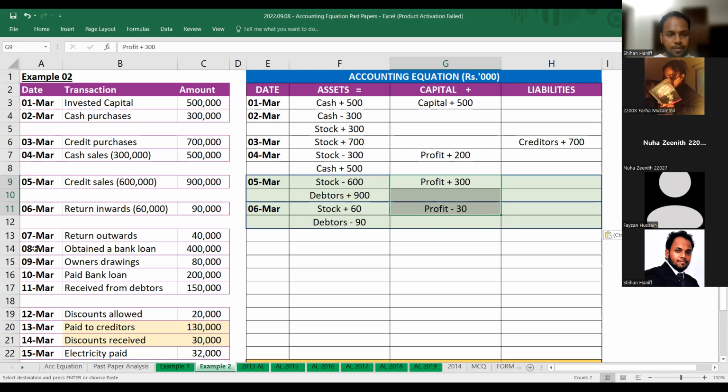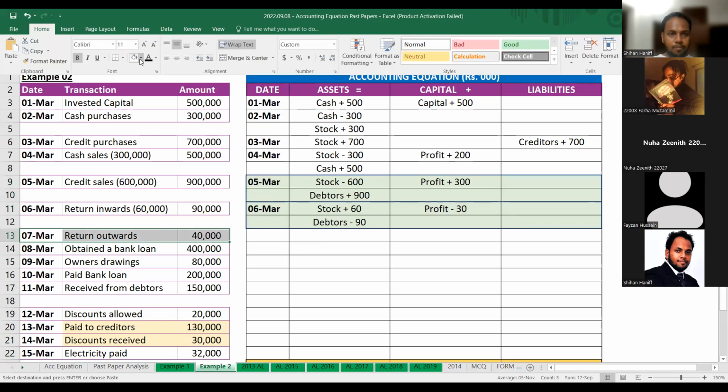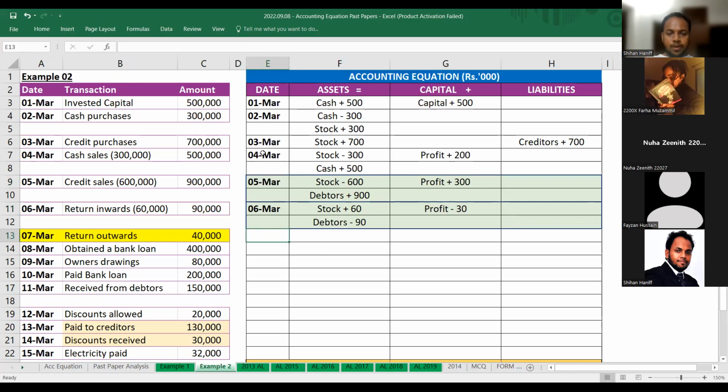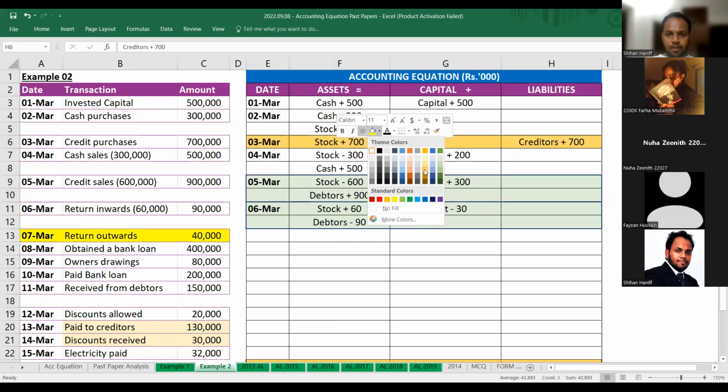Okay, next, return outwards. Outwards means it is the reversal of purchases. This is purchases.